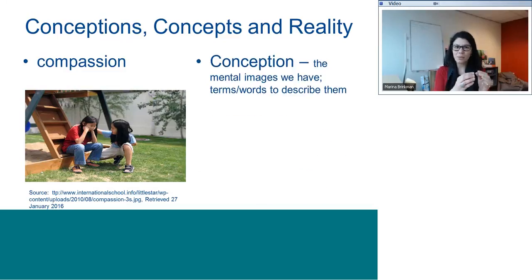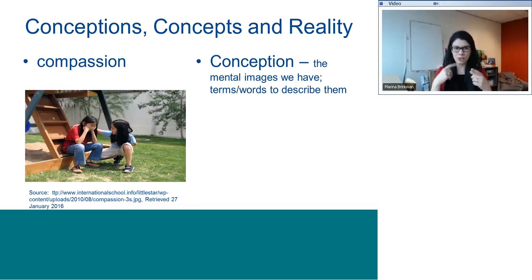Because compassion, and the way we think and why we think we see compassion, is very much colored by the mental images that we have. By mental images I mean all previous experiences that we had in the past related to compassion. And all those mental images help us to find words to describe what we see.